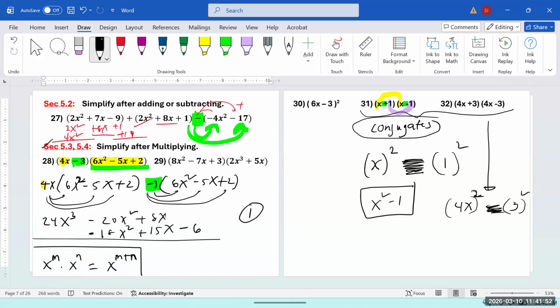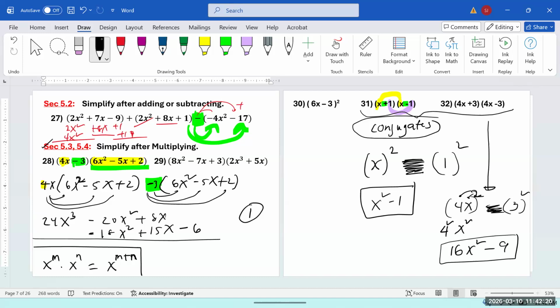And now here come other exponent rules. We have more bases but one power. What do we do? We distribute. So we get 4 squared x squared, which is 16x squared. And we know it is 3 squared, right? And that's it.